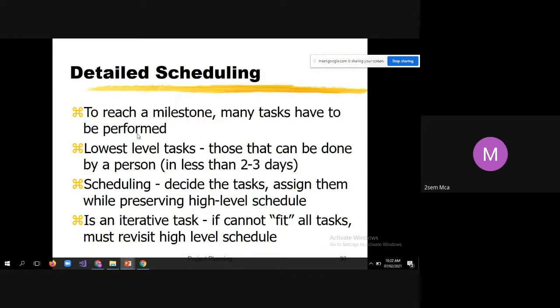You assign one task to one person, and if he finishes that, you assign one more task. Sometimes some people will fail to do a particular task, so that can be assigned to some other individuals. That is all part of detailed scheduling.